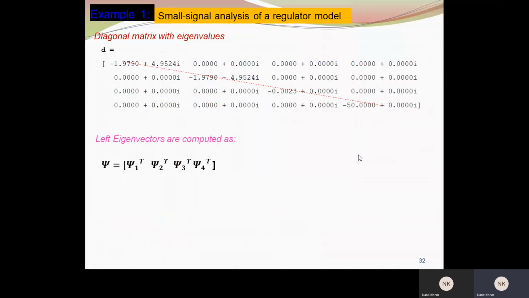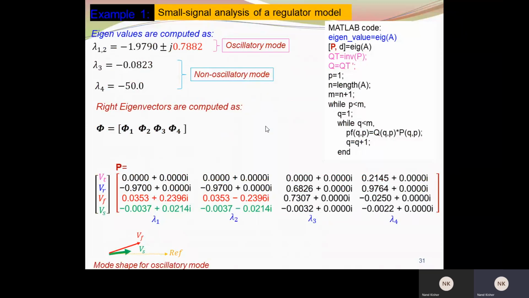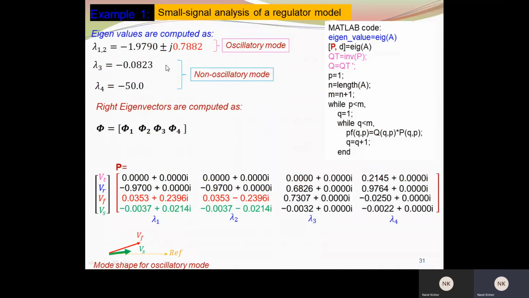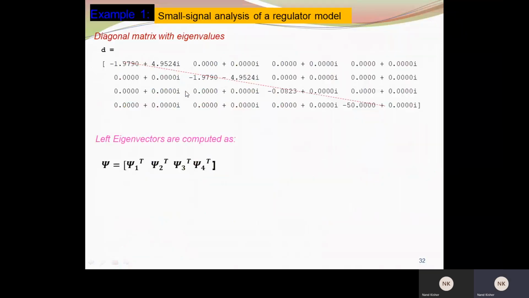With the D matrix that we get here, what we have is the representation of the eigenvalues, because these are the four eigenvalues, and with the D variable we are able to have the diagonal matrix with the eigenvalues positioned along the diagonal elements here.